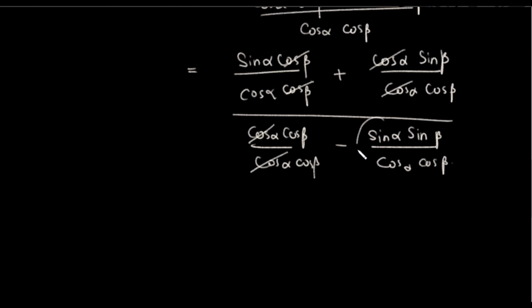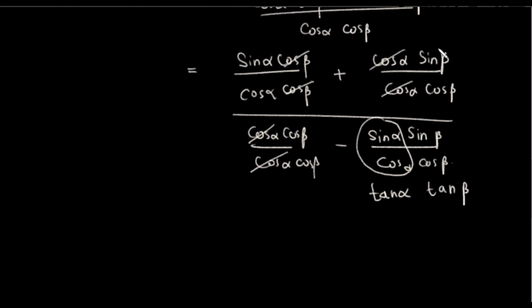We know that sine alpha divided by cosine alpha is equal to tan alpha. Likewise, sine beta divided by cosine beta is equal to tan beta.